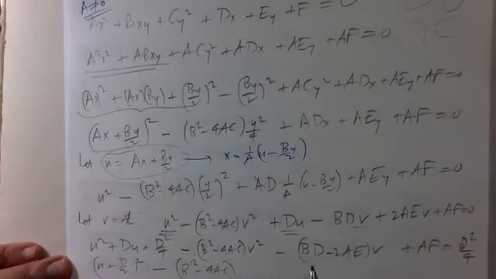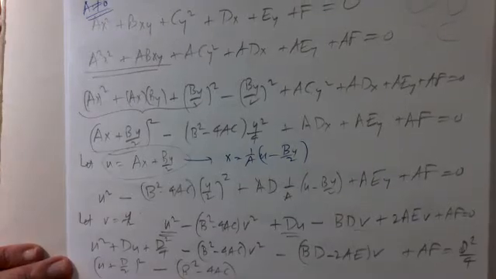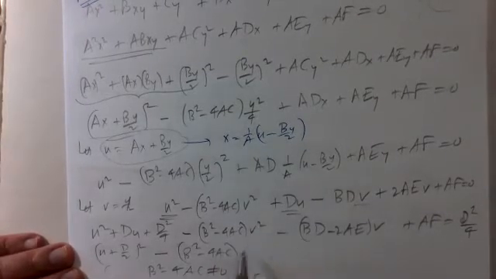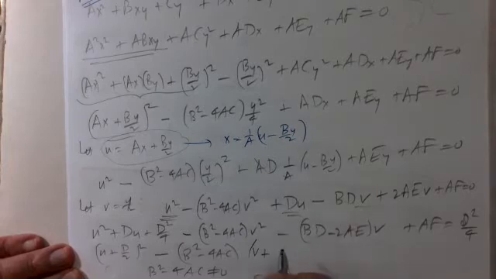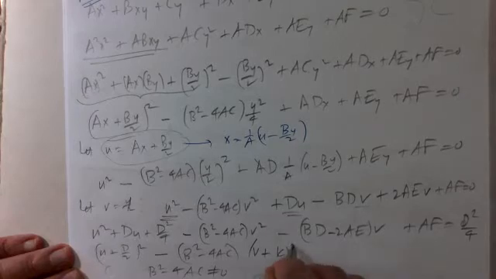I get v squared minus something. Well, if b squared minus 4ac is not 0, I can factor it out. And I'll get v plus some other stuff. I don't really care too much what it is. Let me just call it v plus, I don't know, k squared equals something, L.